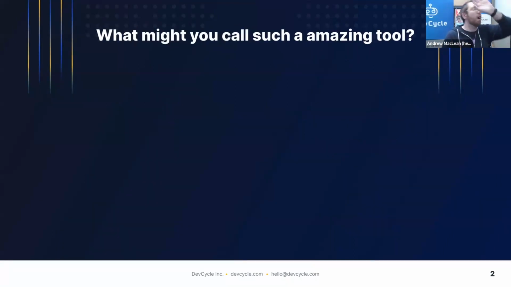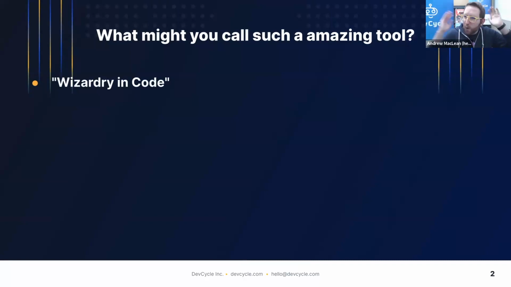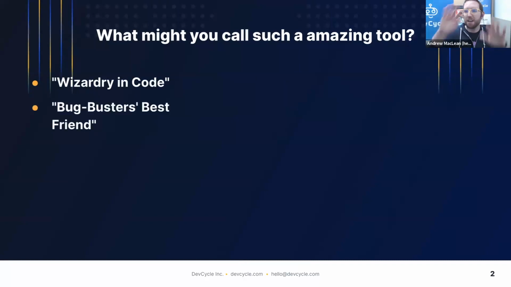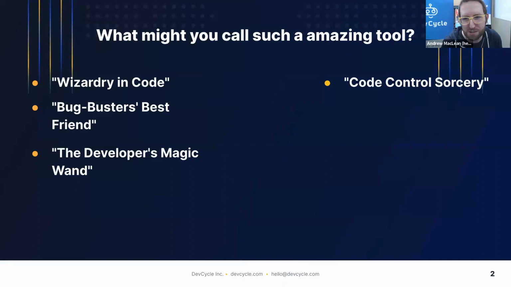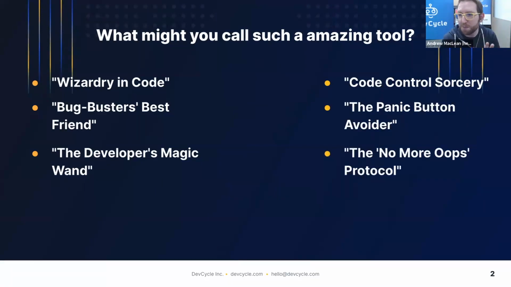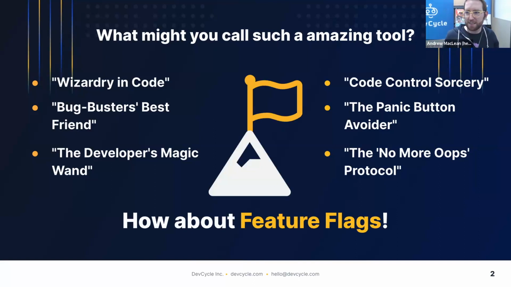Now, what might you call such an amazing tool? You might call it wizardry in code. You might call it a bug buster's best friend. You might call it the developer's magic wand. You might call it code control sorcery, the panic button avoider, the no more oops protocol. That one's definitely my favorite. Or you might call it feature flags.